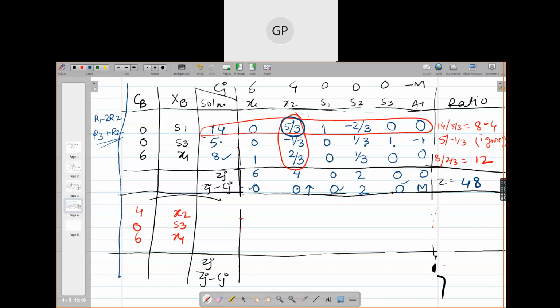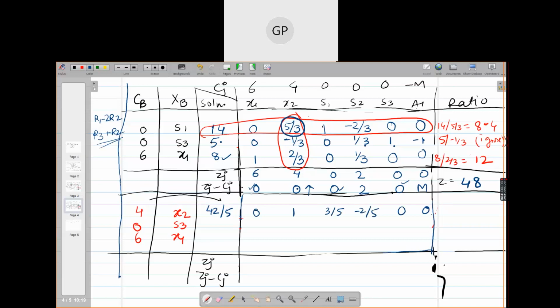So we have to multiply the whole row by 3 by 5. So 14 upon 5 by 3, that is 42 upon 5. So do not write it in points. Let it be in fractions. Okay, then this is 0, this is 1. Then this is 3 by 5. This is minus 2 by 5, 0 and 0.